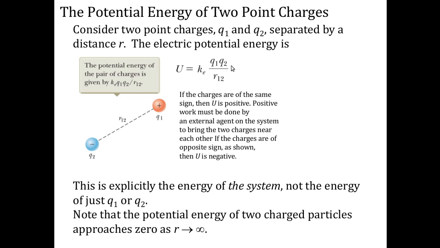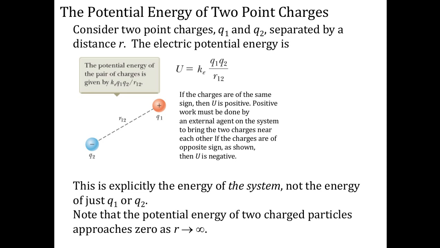So if these charges are the same sign, then the potential would be positive, right? So if you have two positive charges or two negative charges, the potential energy of the system is going to be positive. So what does that mean? If you let go of those two charges, if those two charges were close to each other and they were the same charges, they would repel each other, right?